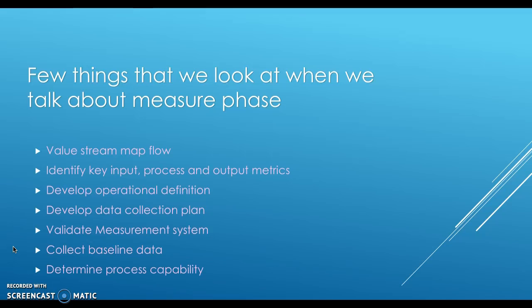The next one is the benchmark, determine the process capability. Capability is, no matter whatever tools and process you put in place, ultimately at the end of the day, what your process is capable to achieve, that's what you're going to be proving from the process capability.